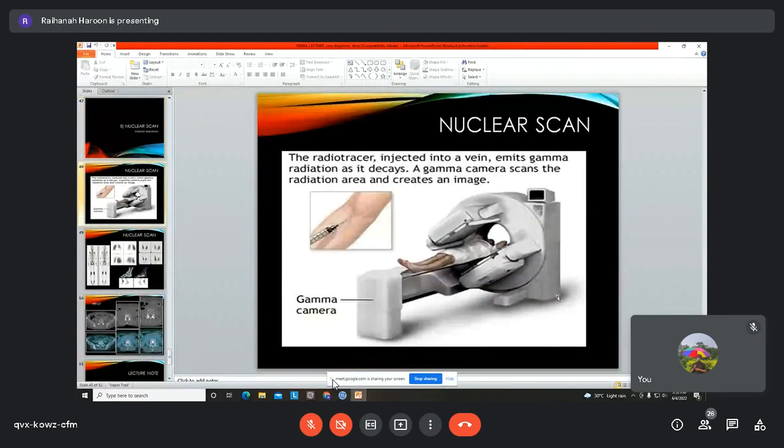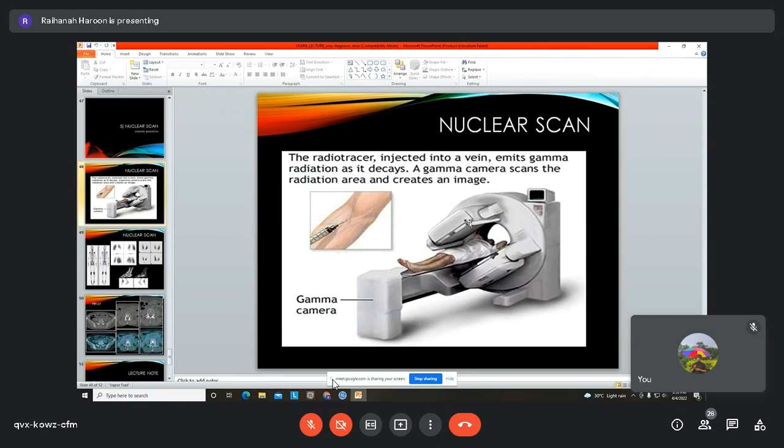Okay, nuclear scan. Later we'll have a lecture on this, but just know the principle that as opposed to all the modalities that I have explained to you, whereby the radiation comes from the machine to the patient, and there'll be some form of detector trying to detect that and convert it into image, right?